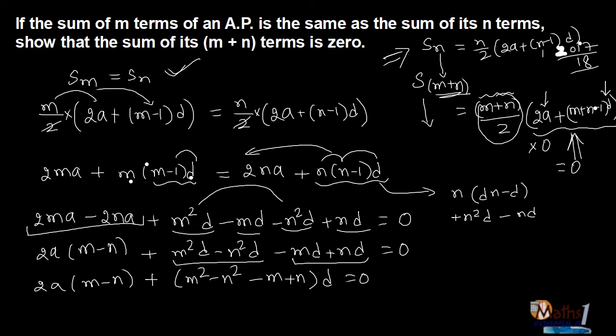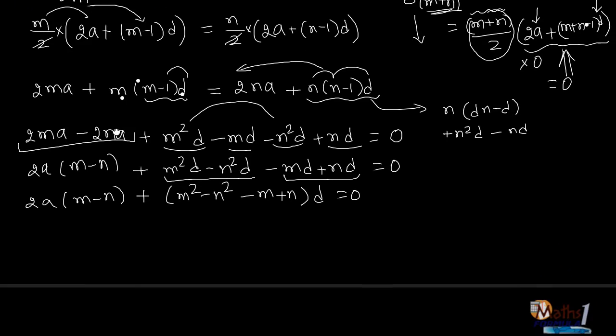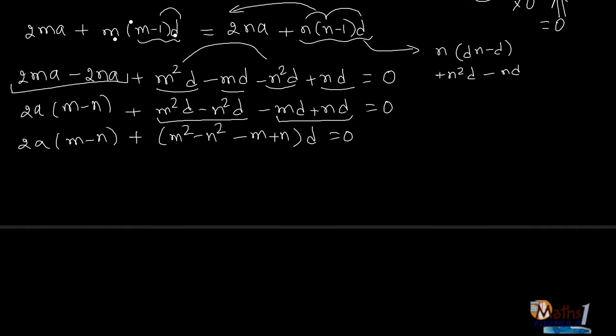Let me just scroll this up a little bit, so at least we have some space. Okay, so now m² − n², if I look at this, this can be written as a² − b², which is (m + n)(m − n). Remember, now it becomes a product, so 2a(m − n) plus, I'm going to write it as (m + n)(m − n).